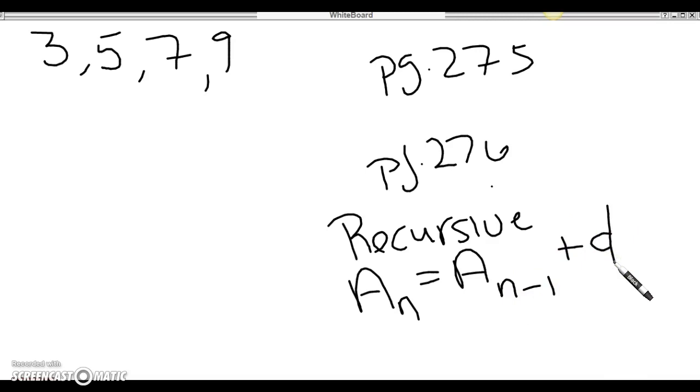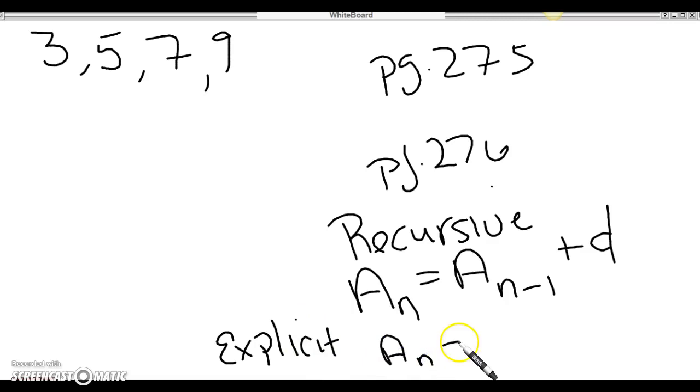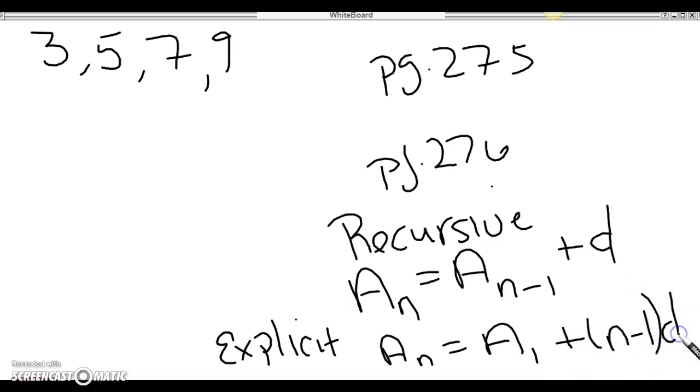For the explicit formula, it is a sub n equals a sub 1, which is just the first term in the sequence, plus n minus 1, where n is the term that you're referring to, times d.